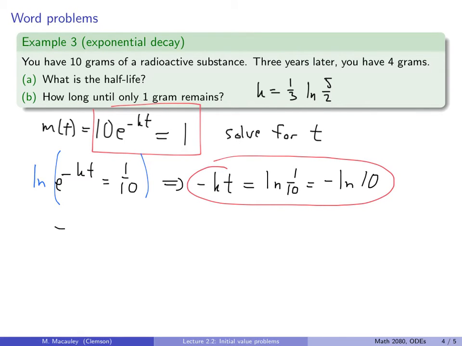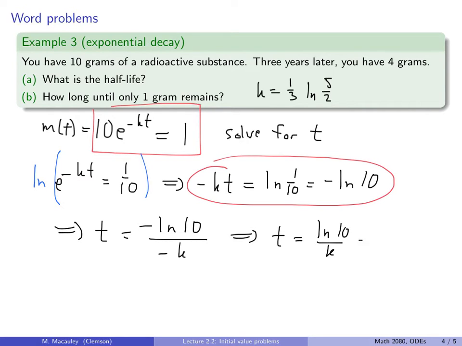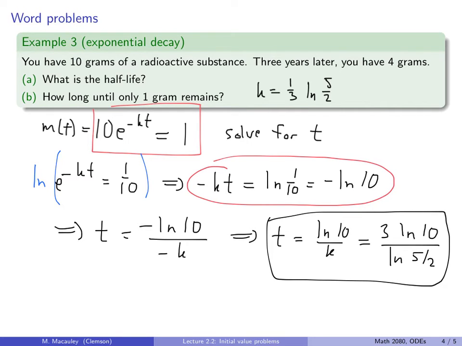So that tells us that t equals negative natural log of 10 over negative k, or just, if you prefer, t equals natural log of 10 over k, or if you really want, you can write this as 3 natural log of 10 over natural log of 5 halves, because we actually know what our k is. Okay, and that is that.